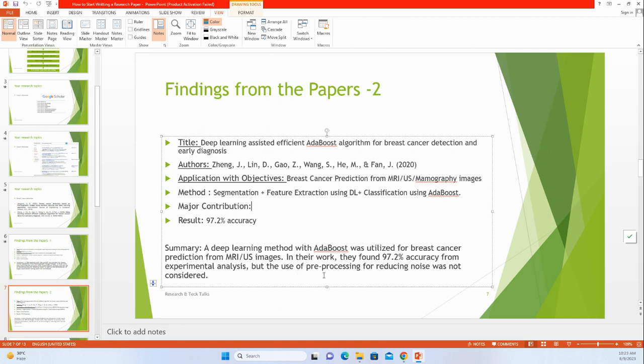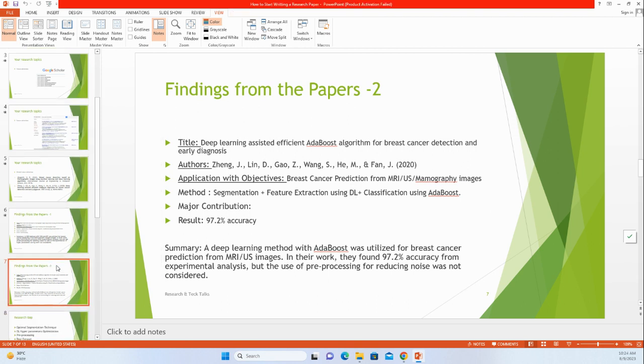Their limitation may be, I have seen, that no pre-processing for reducing noise was considered. Here you can also find some other gaps: whether this segmentation was optimal or not, whether this deep learning was optimal or not, whether the data set was large or not. So you can easily find many other findings.